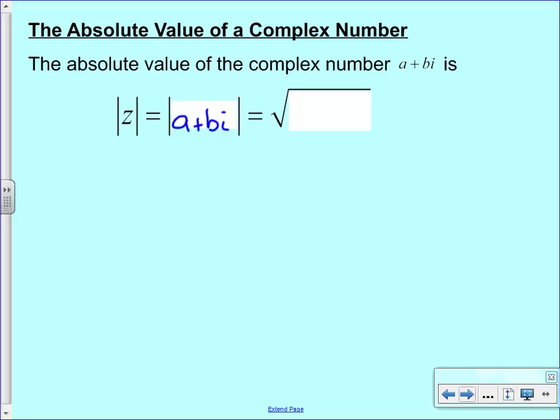It's the square root of the sum of the squares, right? Just like vectors. So it's the square root of a squared plus b squared. In vectors it's called magnitude, and for complex numbers it's called modulus. Still an M word.